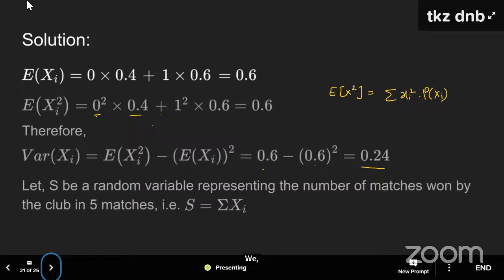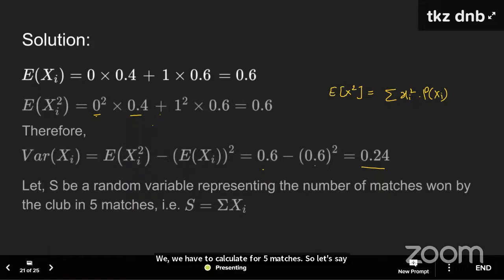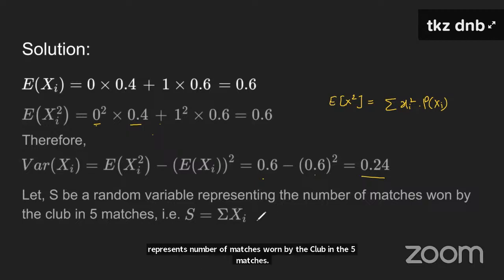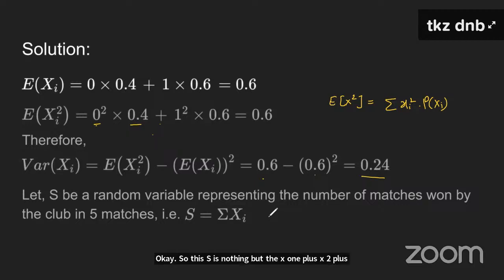Let S be the random variable which represents the number of matches won by the club in the 5 matches. So S is x1 plus x2 plus x3 plus x4 plus x5, right?